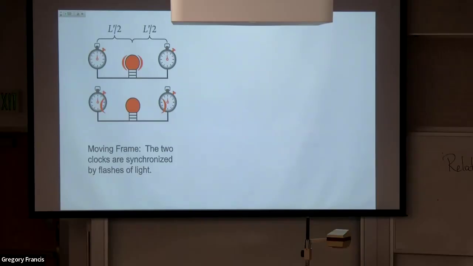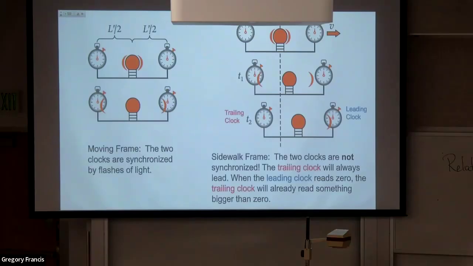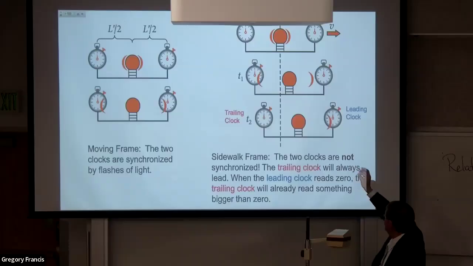Okay? Now, if I look from the sidewalk frame, the speed of light has to be the same for both frames of reference. And so in the sidewalk frame, I see that bulb flash sending light at the speed of light both towards the front of the train and the back of the train.